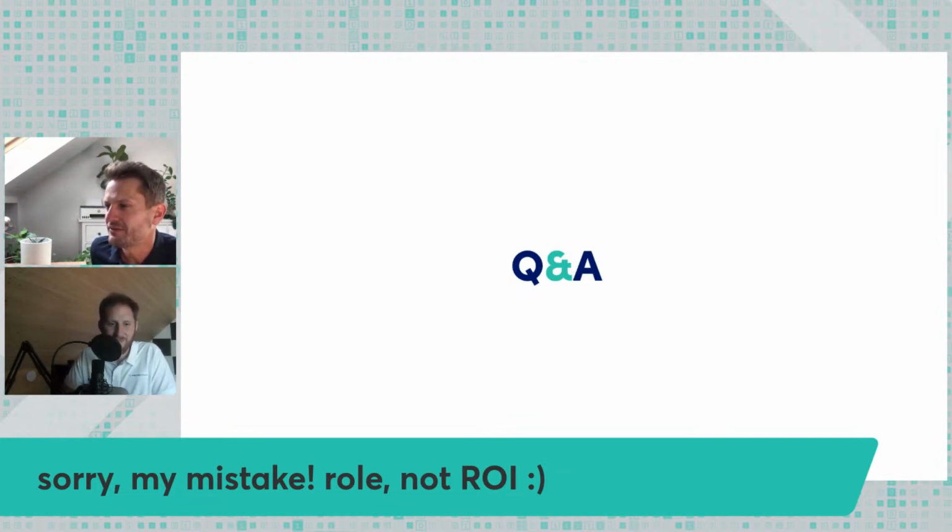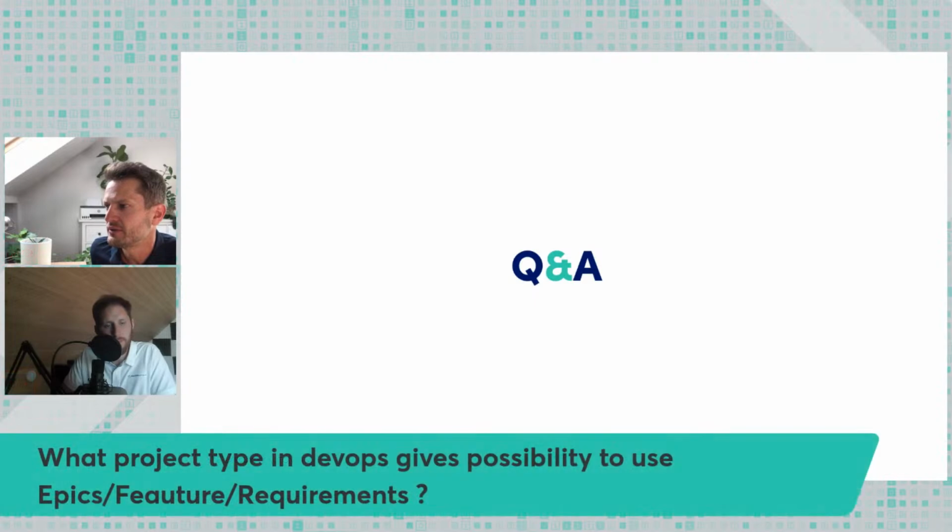I see that we have a last question, I think. I will share it right now. What project type in DevOps gives you possibility to use Epic, Feature, Requirements? Yeah, that's the Scrum one. That's kind of a thing you have to go with. I can double check if the name is correct, but I think this is the so-called Scrum.